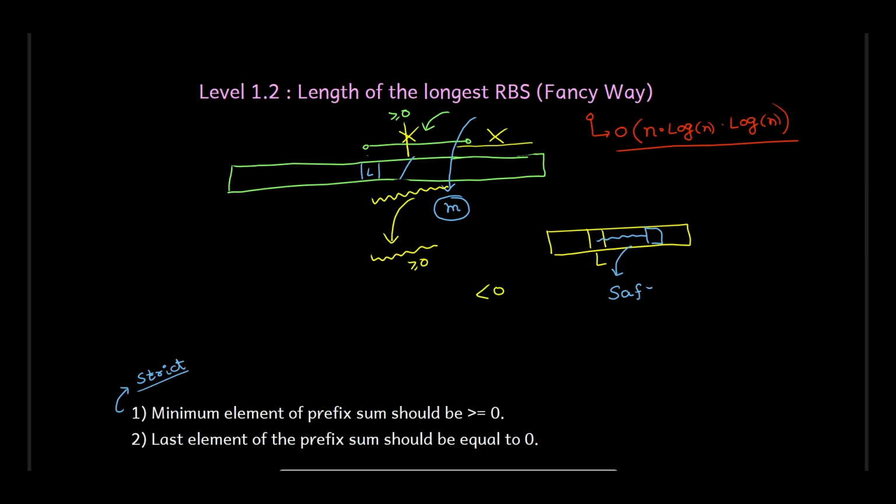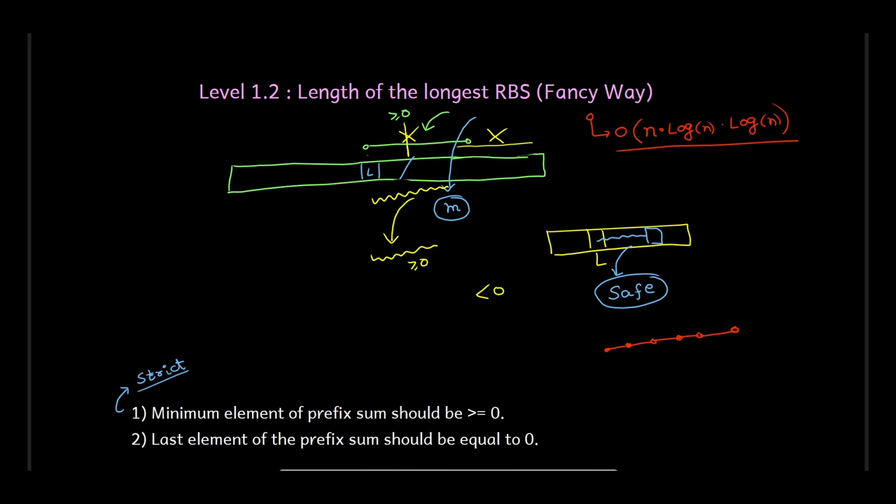That is, they are possible candidates for becoming the RBS. Now you can notice one thing, that this safe is monotonic. That is, this element will be safe, this element will also be safe, this element will be safe, and so on.